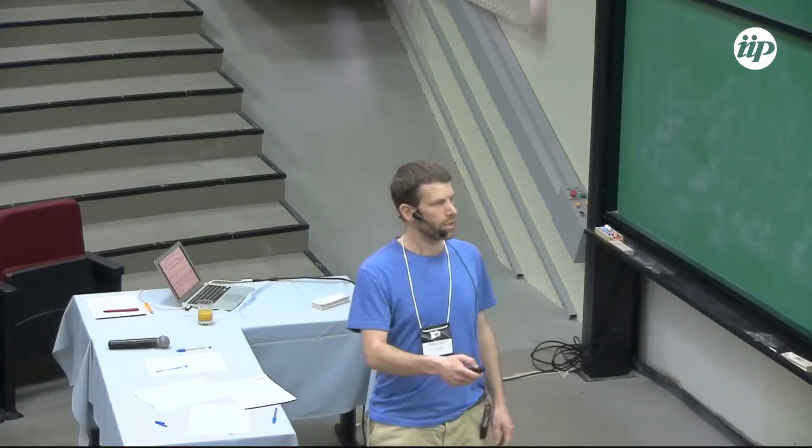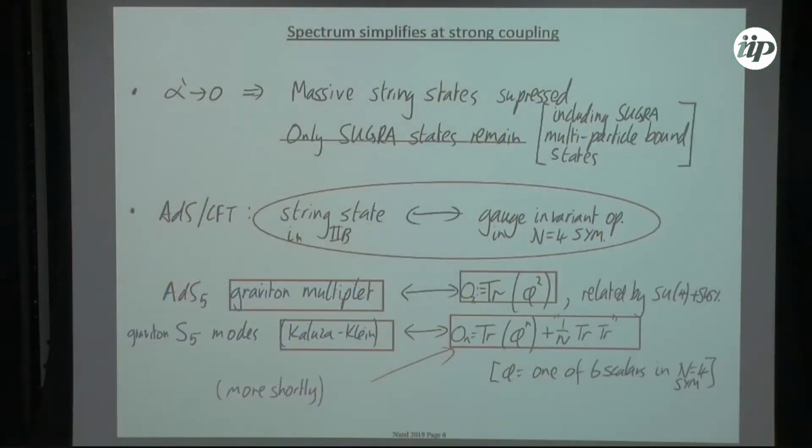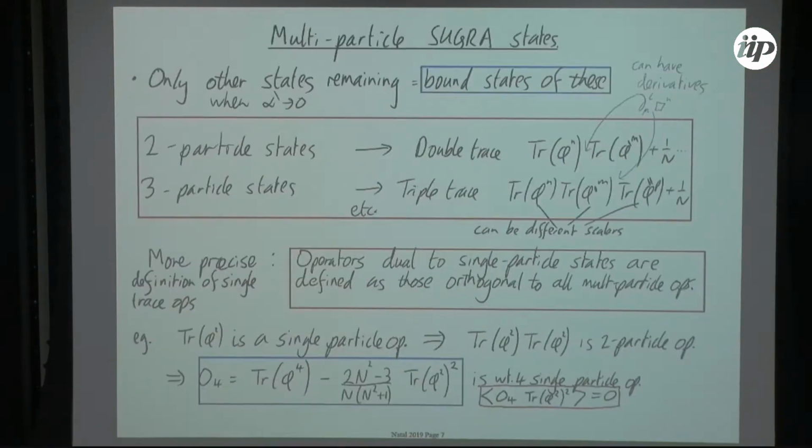So there, you can think of them almost as your fundamental fields. And then all other operators that remain are simply products of these. So you don't need to really worry about the trace structure, SU(N), all that sort of stuff. You're just taking products of ON. So in particular, 2-particle states. There are 6 scalars. I'll go into that shortly. So there's an SU(4) structure here.